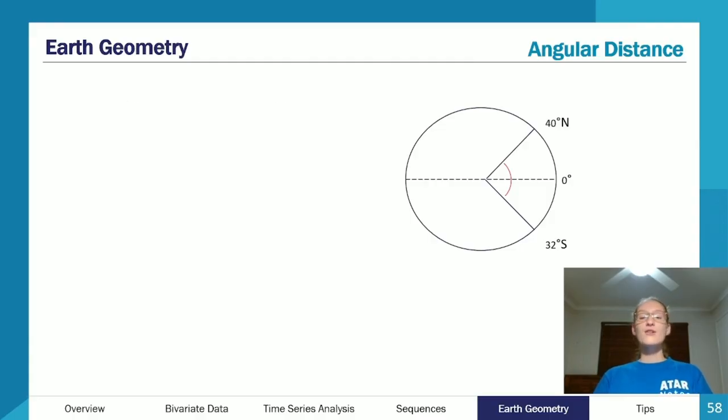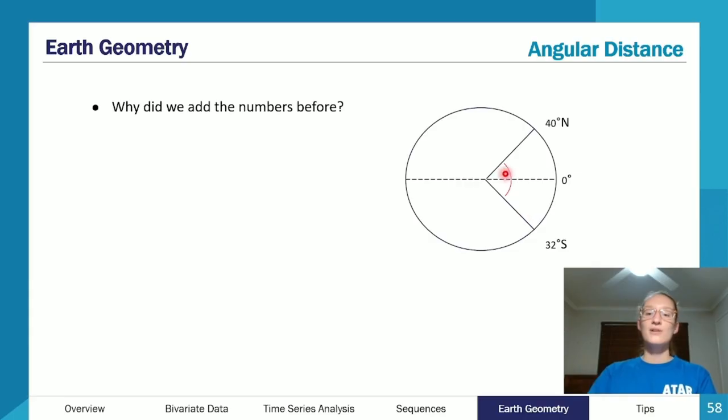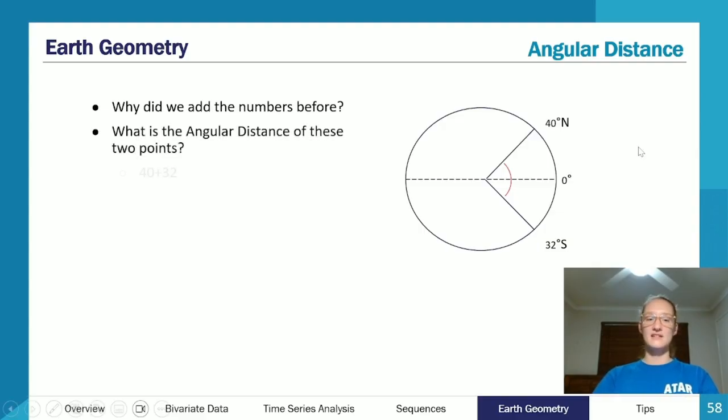So let's have a look at this, for example. If I wanted to find out the difference between this point here and this point here, I need to find the angular distance, which is actually this distance in here. And what I want to highlight is why we added the two numbers before to get the angular distance.